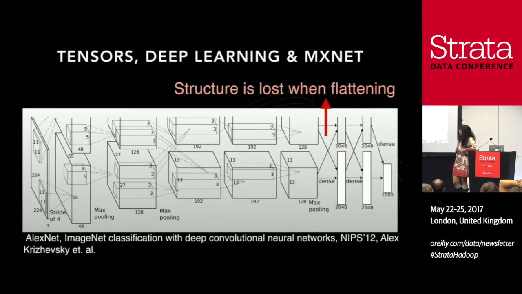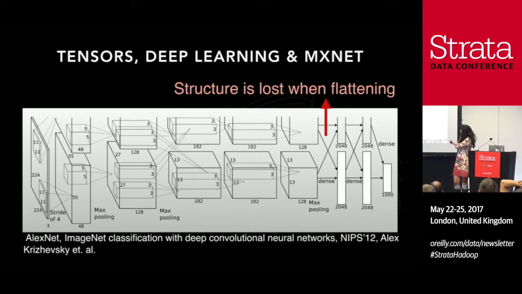To give you an example, this is the classical AlexNet network for image classification. This is the input image, so you have the width, height, and the RGB, and as it goes through the different layers, the number of channels varies because it depends on how many filters you applied to your image. These are the various operations. Don't worry about the details, but what you can see here is these are all really three-dimensional objects.